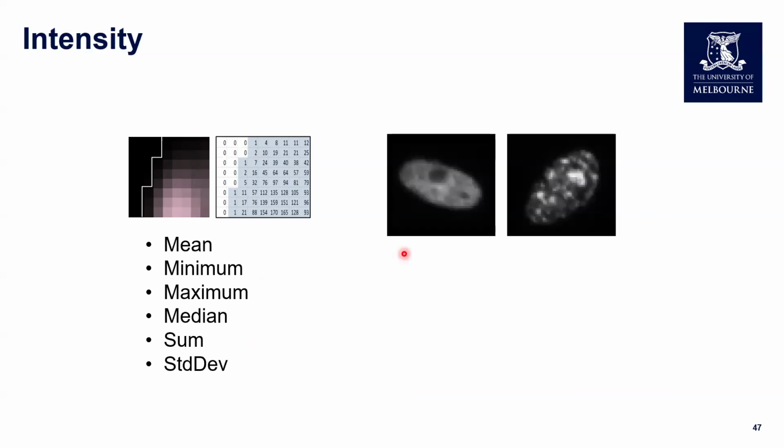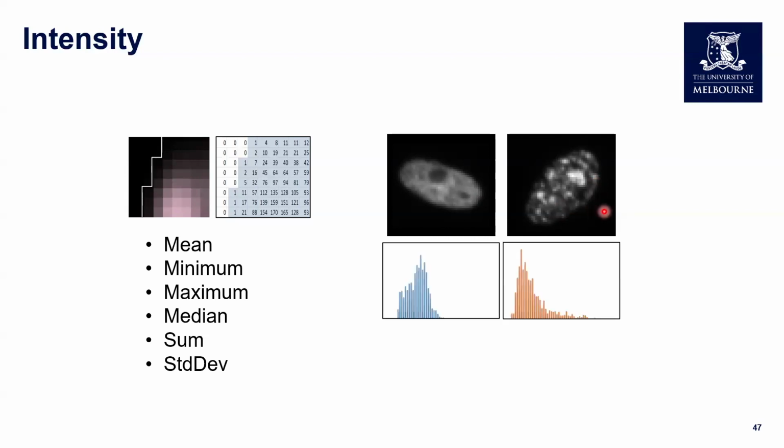As an example, these two different objects have similar mean intensity, similar average intensity, but there's a clear difference: the left cell staining is smooth and the right cell shows more intensity fluctuations and structures are more granular. If you look at the histogram of each image, the intensity distribution is more widely spread on the right cell here.